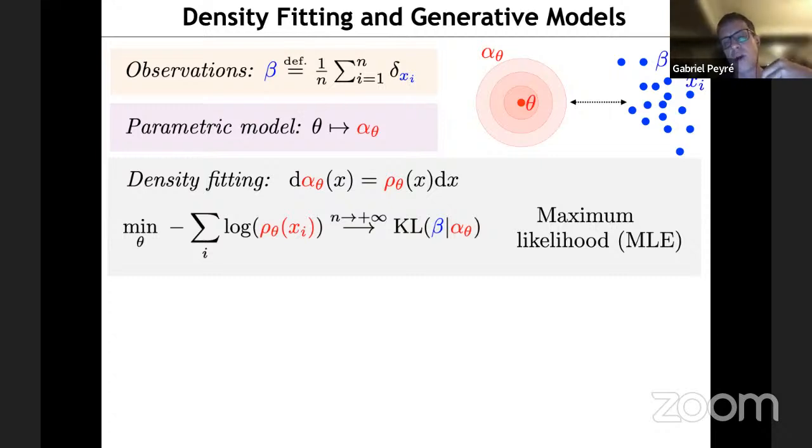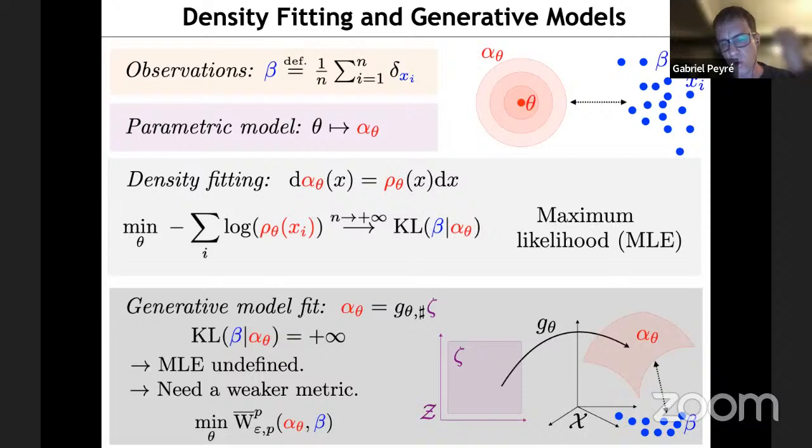It's nice. There are a lot of nice formulas, sometimes closed form, or sometimes you need an algorithm to solve this. But the key constraint is that all the alpha should have a density with respect to the same reference measure. If it's not the case, then usually the maximum likelihood doesn't even exist.